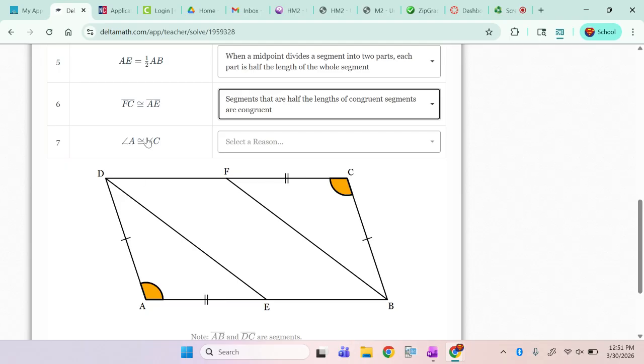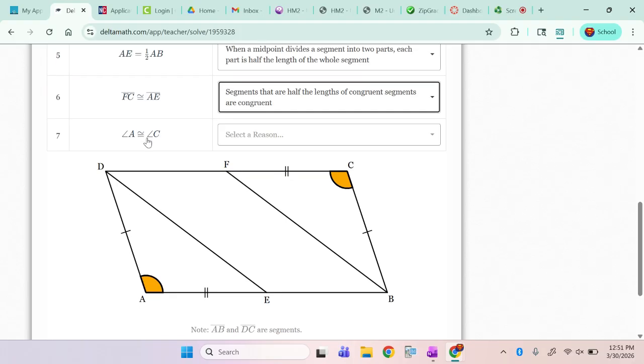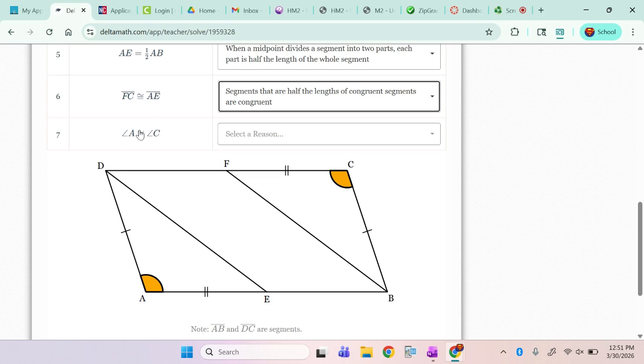Now, they then said that those two angles are congruent. Why? They're part of a shape, though. Well, they're part of triangles, but what big shape tells us that those two angles will always be congruent? Parallelogram.